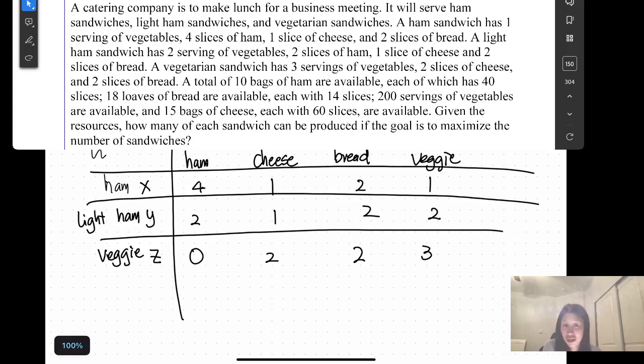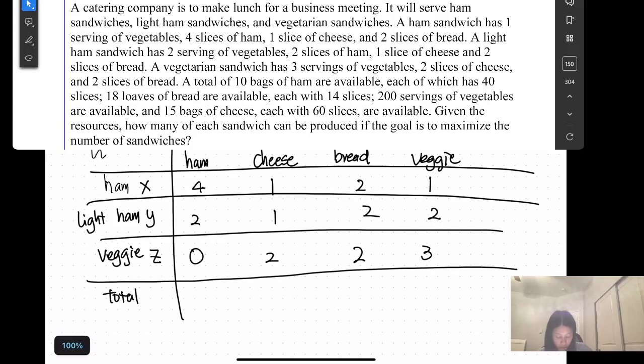They have 10 bags of ham available and each one has 14 slices. So the total amount of ham should be 14 times 10, which is 140. And then for cheese, they also tell you 18 loaves of bread are available, each with 14 slices.